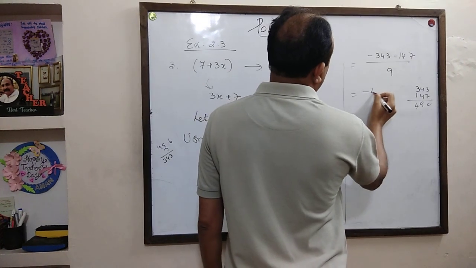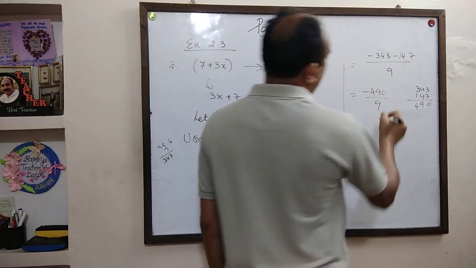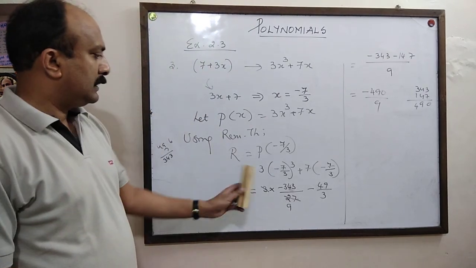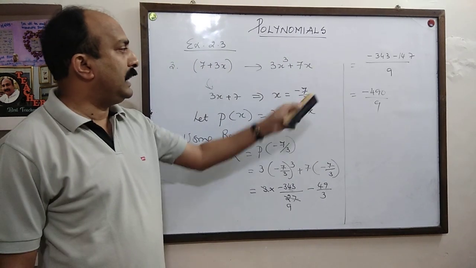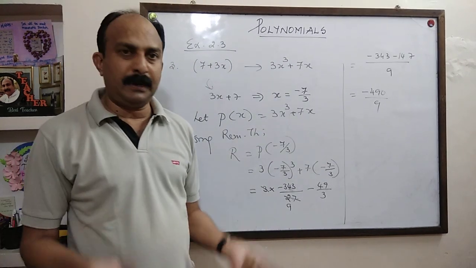The answer is minus 490 upon 9. So, what is the answer? Minus 490 upon 9 is the remainder.